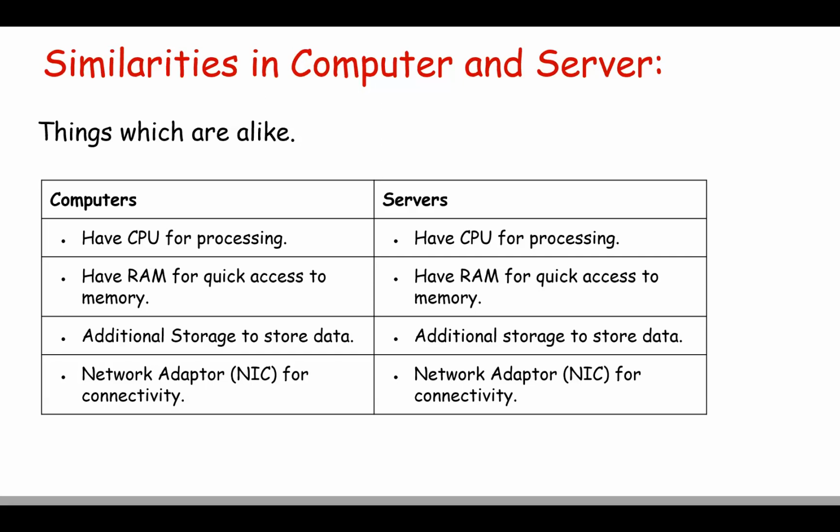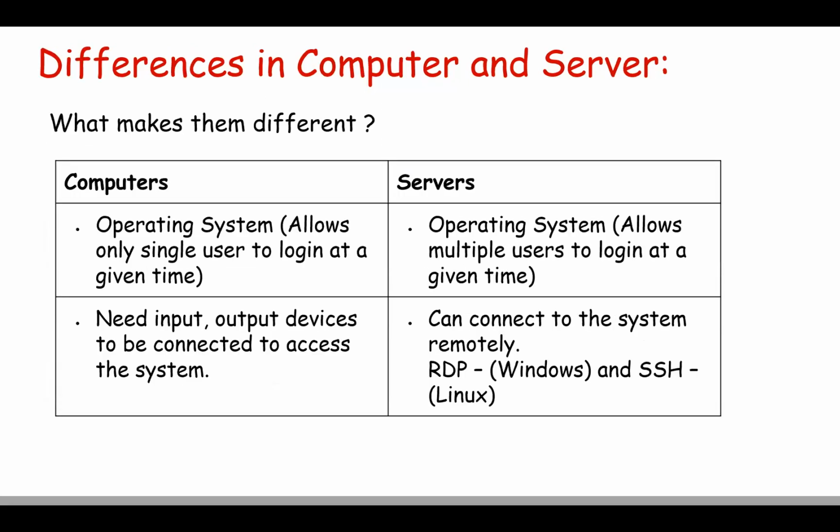The main difference, if we go further, we can check in the operating system. The operating system will allow only one user at a time. What is the meaning of an OS? OS is an integral part of communication between the user and the computer. Computers communicate in a binary language, 1 and 0, but the user cannot understand that language, right? So for that transition, the operating system is used.